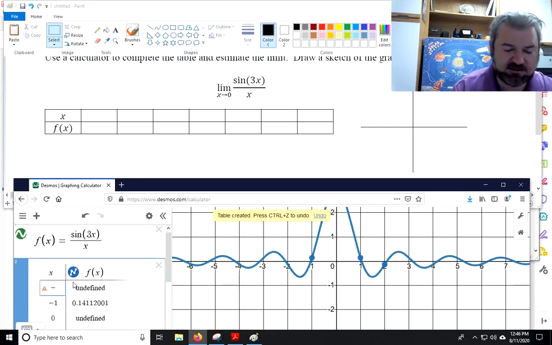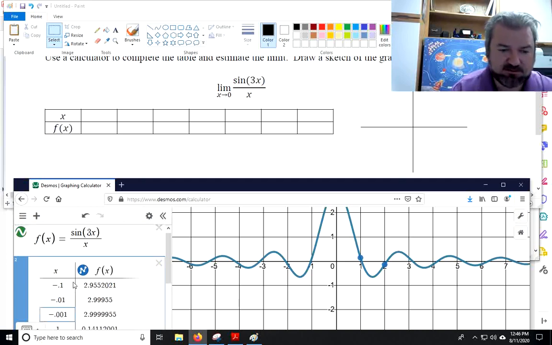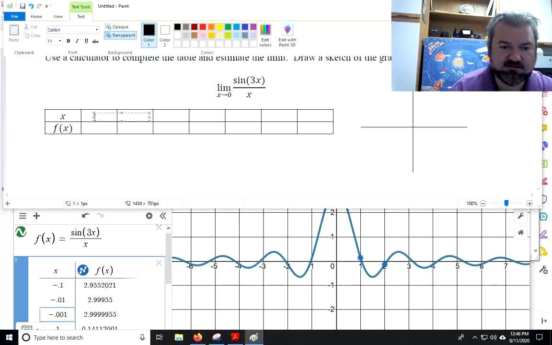So I'm going to do negative 0.1, negative 0.01, negative 0.001. Oh, what do you think? What does that look like it's getting closer and closer to, right? Looks to me that it is getting closer and closer to 3 from the bottom, right?